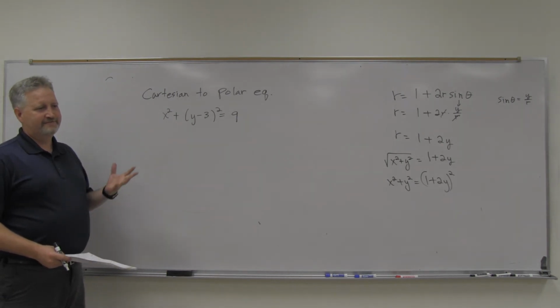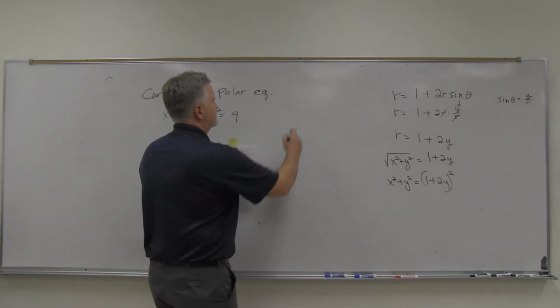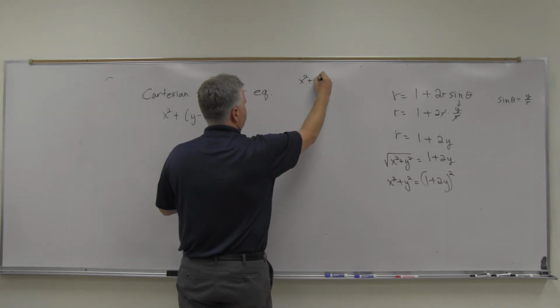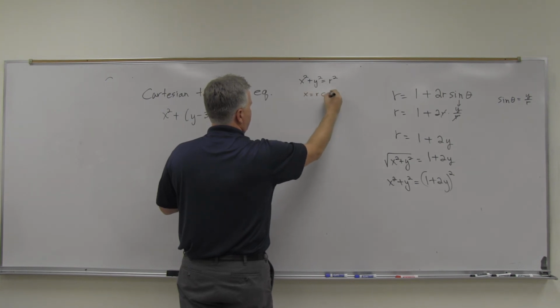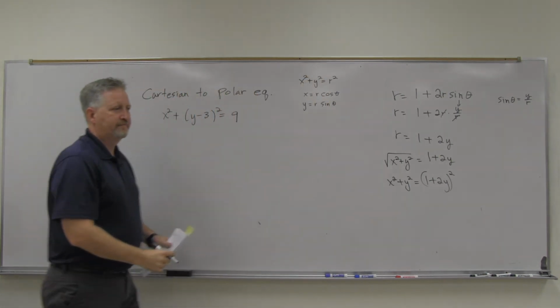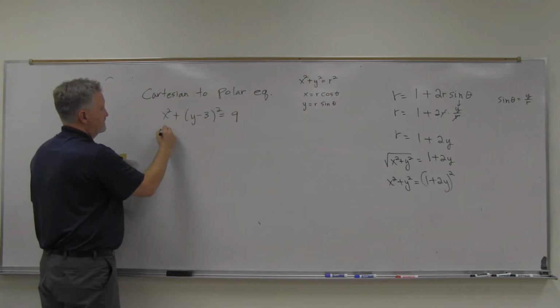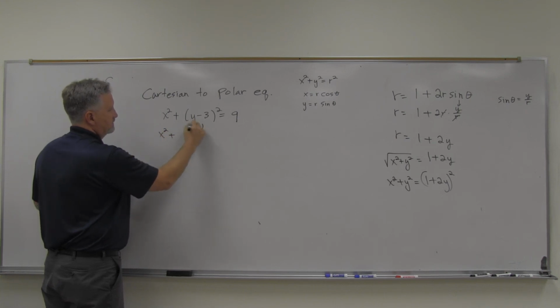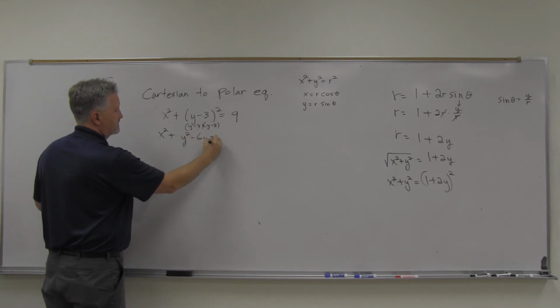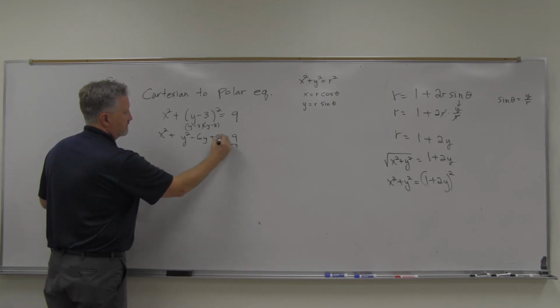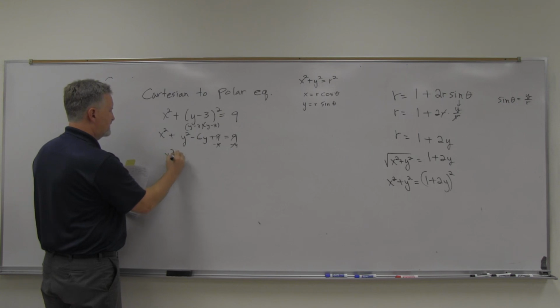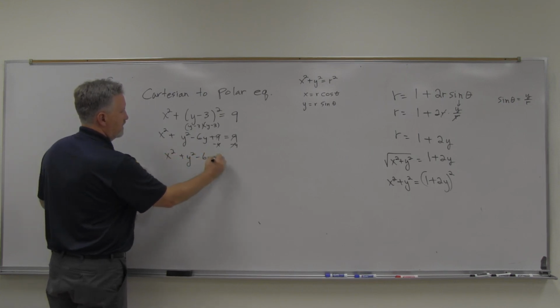I'm going to have to involve those same conversions. x squared plus y squared equals r squared. x equals r cosine theta. y equals r sine theta. I'm going to have to use those, obviously. And so to get those involved here, just go ahead and square this out. That'll be y squared minus 6y plus 9 if I do that all out. Of course, the 9 and the 9 will go away. So I wind up with x squared plus y squared minus 6y equals 0.